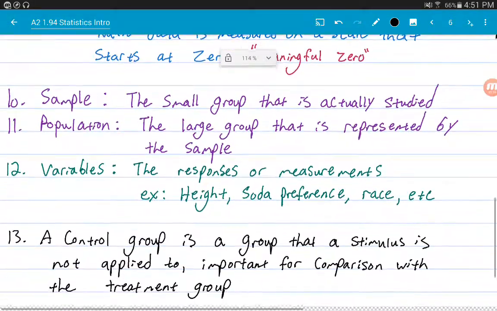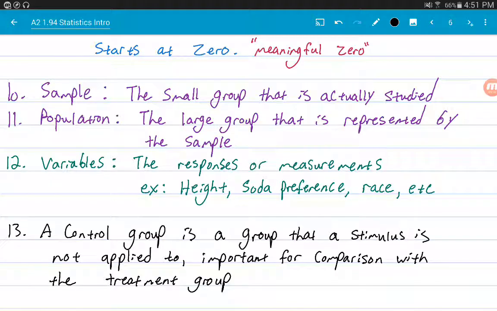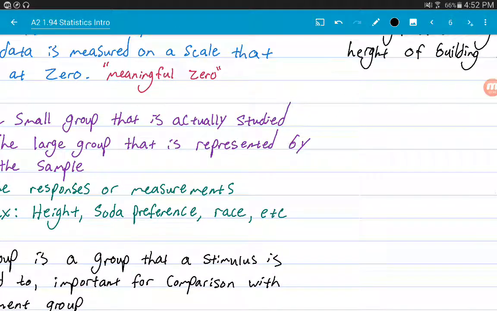Now these are the parts of a study. Sample, population, and variables. The sample is the small group that's actually studied. The population is the larger group that is represented by the sample. So, for instance, I might want to say something about high school students. So I can't study all of them, though, because it's too large of a group.